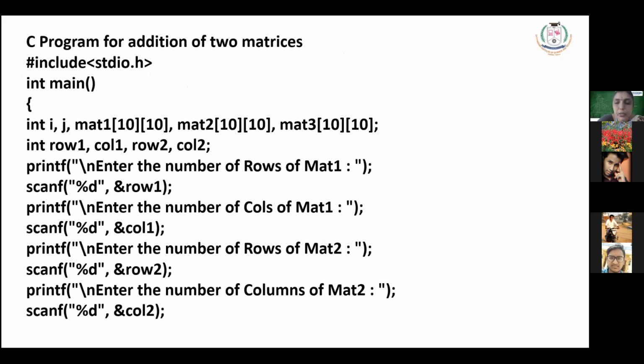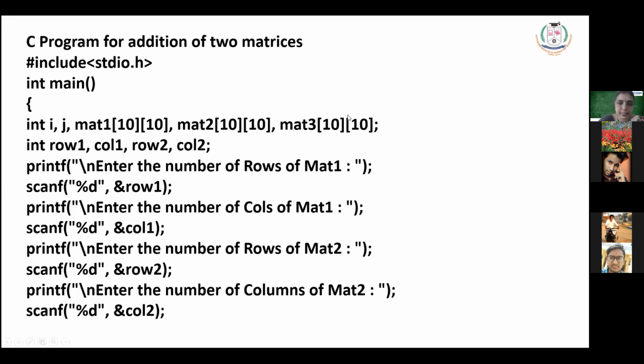One representing the row, the other representing the column. And then we should read the values of two matrices. Then what operation are we going to perform? Addition operation on matrices. Whenever we need to store that, we go for the third matrix.